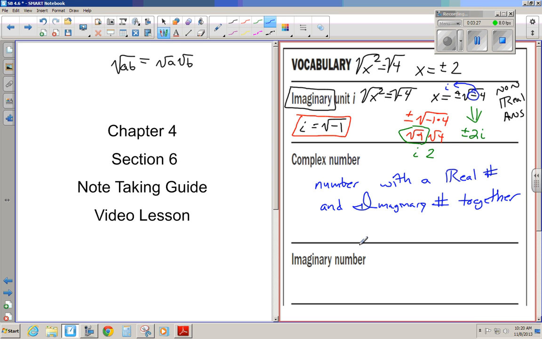Okay? So an imaginary complex number takes the form a plus bi. The imaginary number part is the bi part.